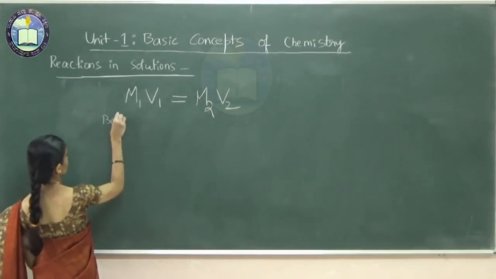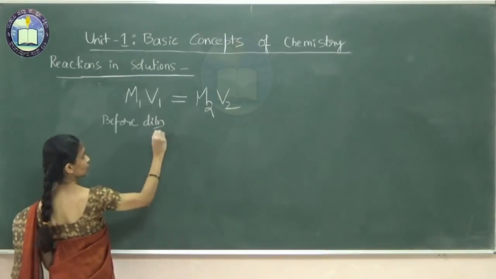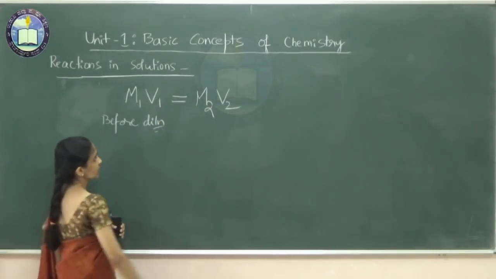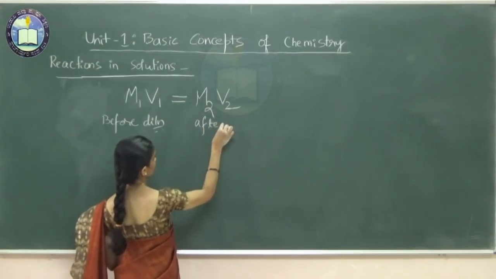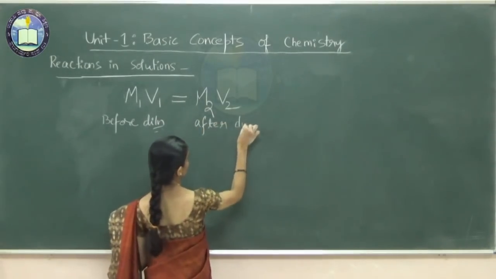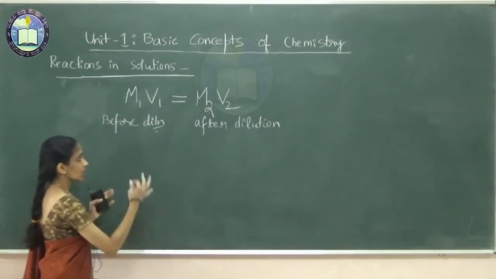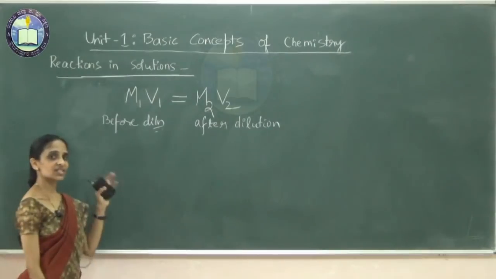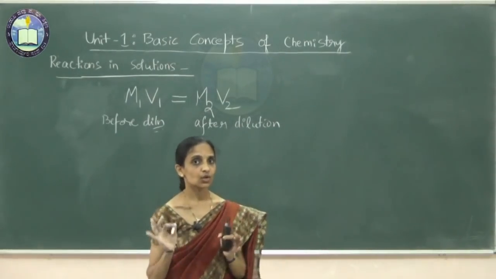M1V1 is before dilution. Dilution means addition of water. And M2V2 is the term after dilution. Okay, now to understand the process of dilution, let's solve a problem.